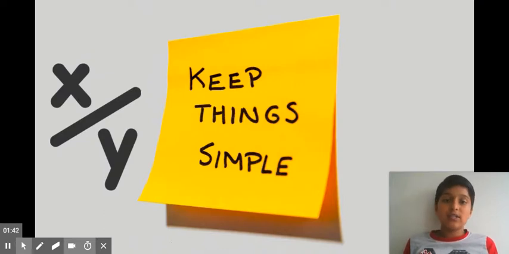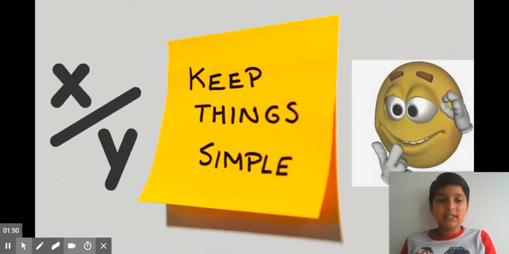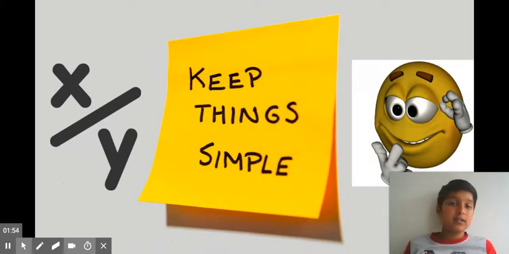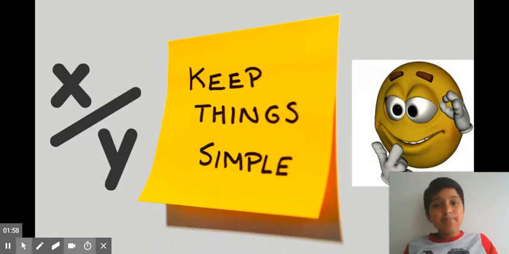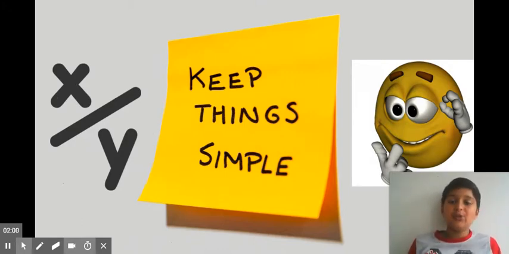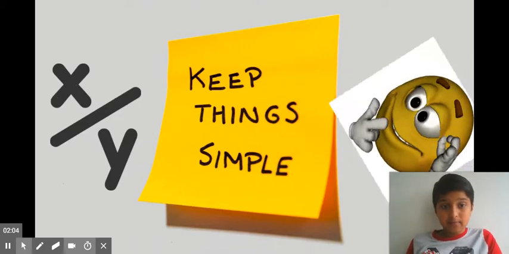In another way, you can say that it does not have a fixed value. It can change. So variables always keep the answer simple. Instead of having a high number or a low number or fixed value, it can change, and so that's why it's a short answer.